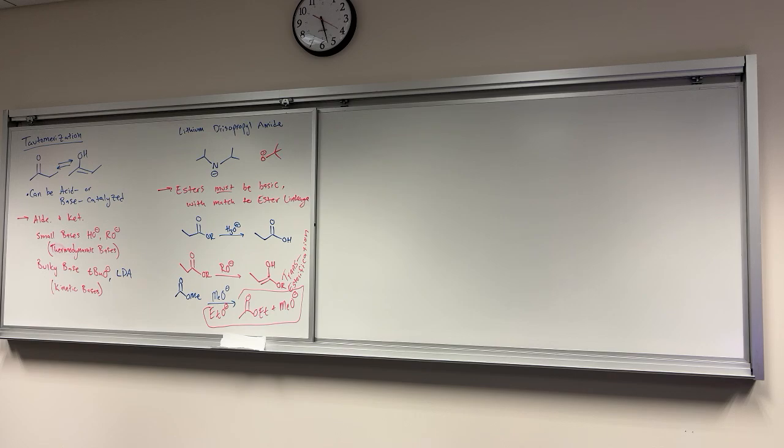Any alpha hydrogens? No, never mind, no alpha. Good. Carbonyl hydrogen, aldehyde hydrogen, not an alpha hydrogen. So you have to have an alpha hydrogen to be able to get a tautomer. You got it. Okay, good, thank you.